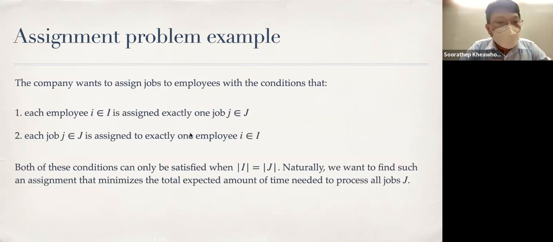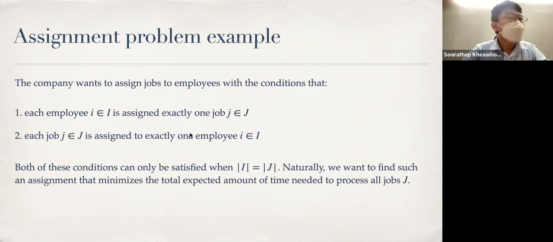So the company wants to assign jobs to employees with the condition that each employee is assigned exactly 1 job in this case. And second, each job is assigned to exactly 1 employee. One job can be handled by only 1 employee, and 1 employee can only take 1 job.